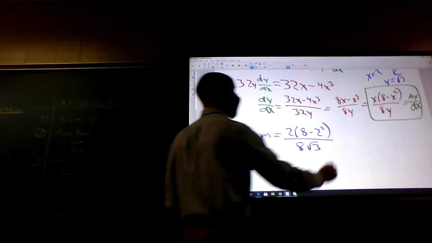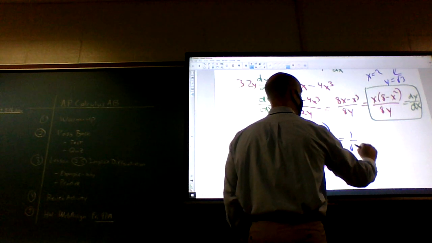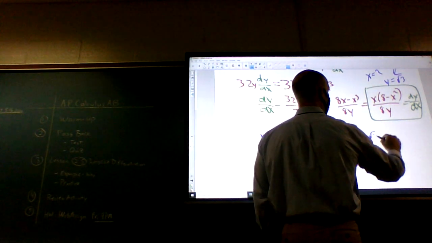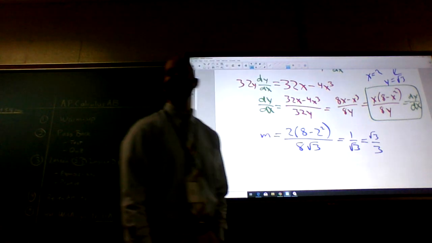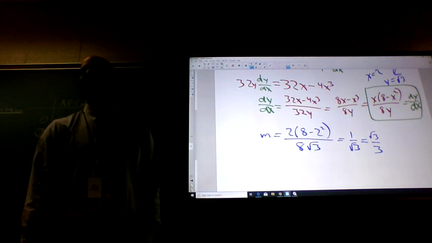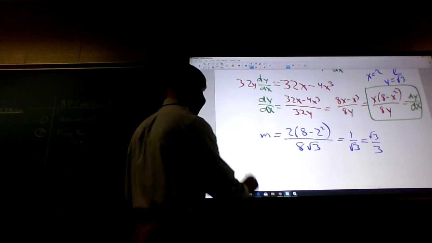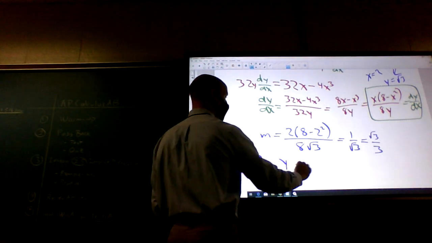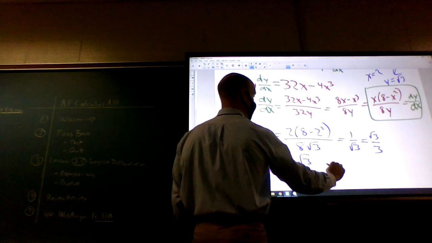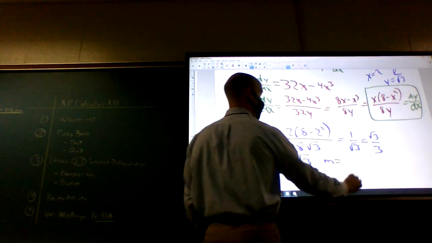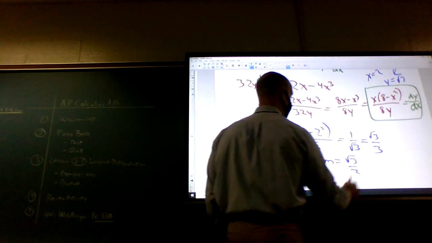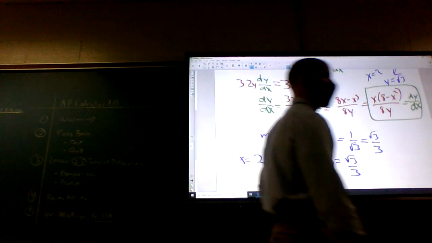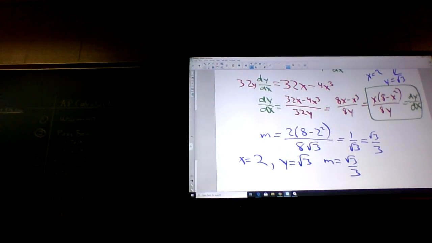So what are you left with? 1 over the square root of 3. Or you guys are probably more comfortable writing it that way, right? Square root of 3 over 3. Of course. So what's x? 2. What was y? Square root of 3. What was the slope of the tangent line? Square root of 3 over 3, right? Remember all that stuff because I'm going to go back to that picture.